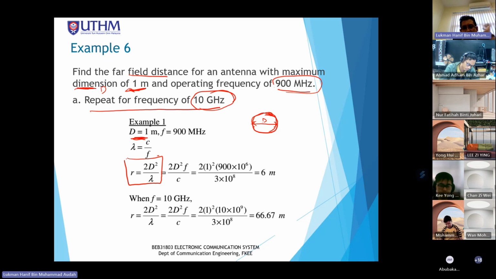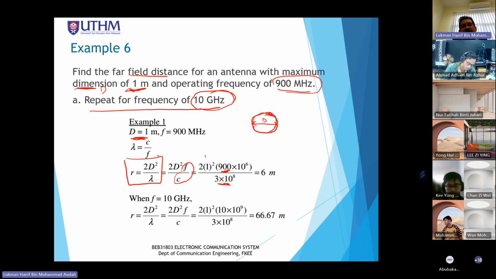That means it becomes multiplying by f over c. Then you put in the value 2 times d square. So 2 times 1 meter square times 900 megahertz divided by the speed of light.